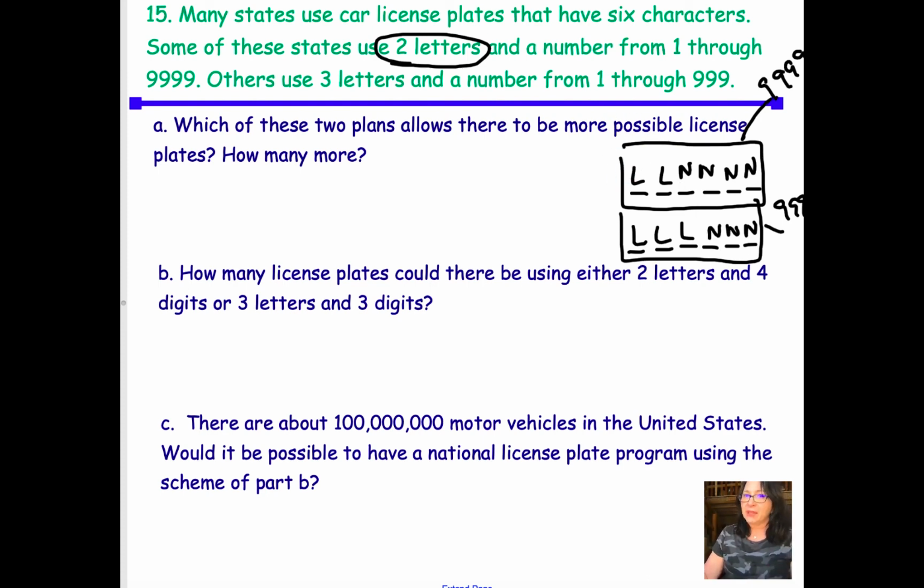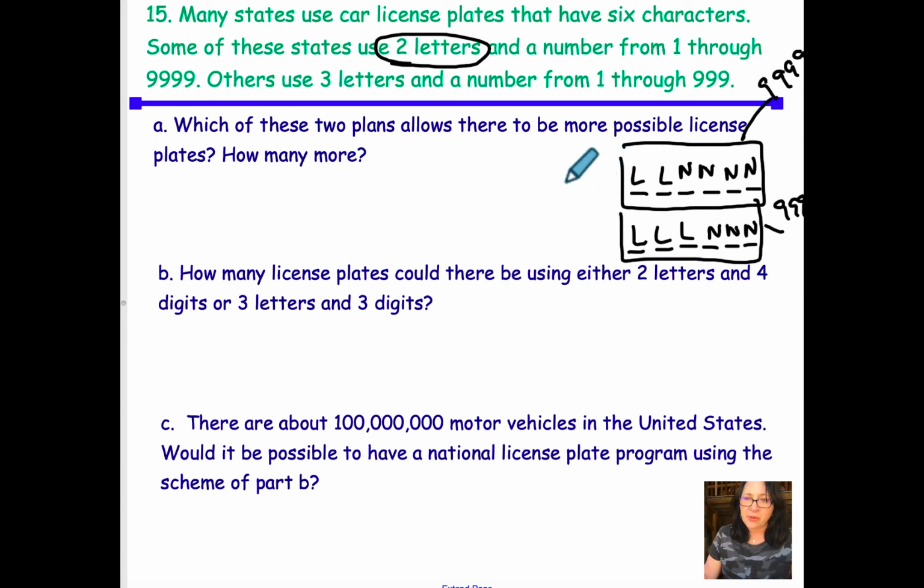Now think about it like that too, unless they make a rule, which they didn't, where you can't use the same letter twice. That would change it. But okay, I just want to know which one has more options. Is it this one or this one?